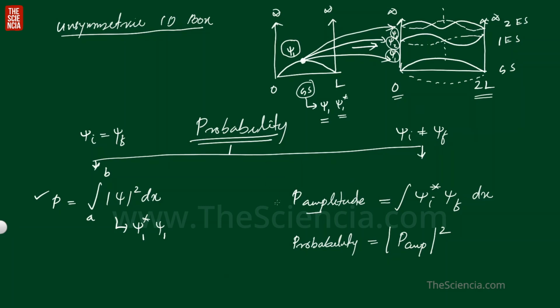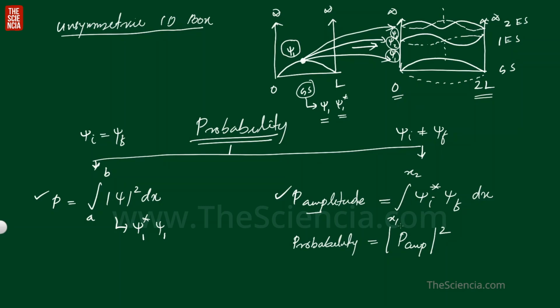And here in the expression for probability amplitude, an integral is there. What is the limit of this integral? Here you see, initially the length of the box is 0 to L only, that is, length is L. Finally, the length of the box is 0 to 2L. So, in which interval do we have to integrate?